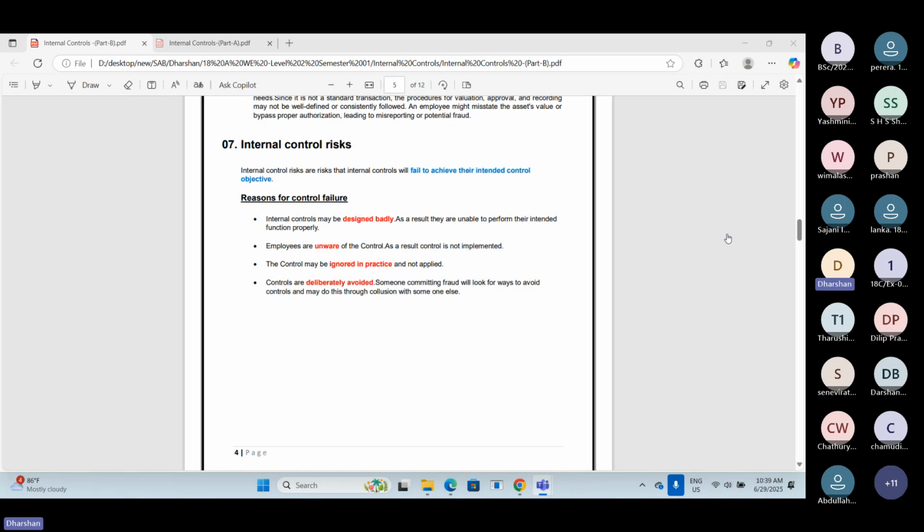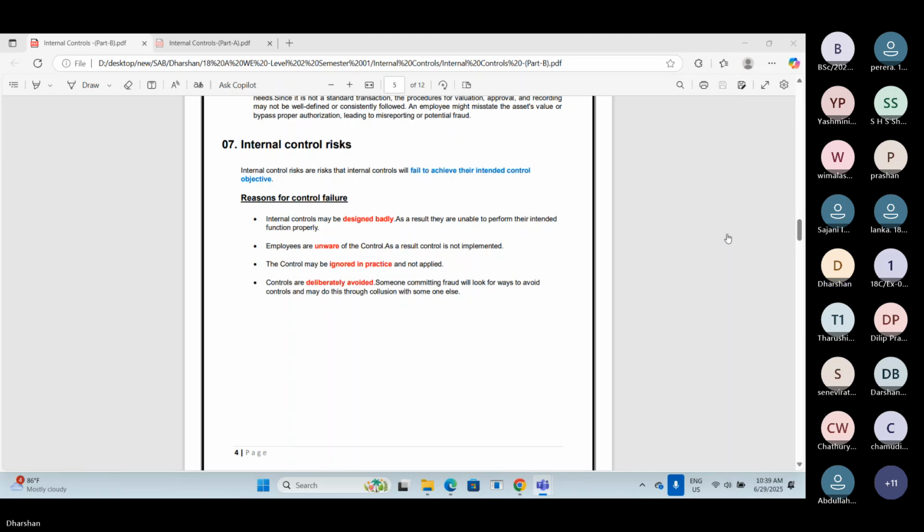First, you have to remember what is meant by internal control risk. The general definition: if you fail to achieve your objective, that is called risk. Why have you failed? Because of certain reasons, the general terms being barriers and obstacles.